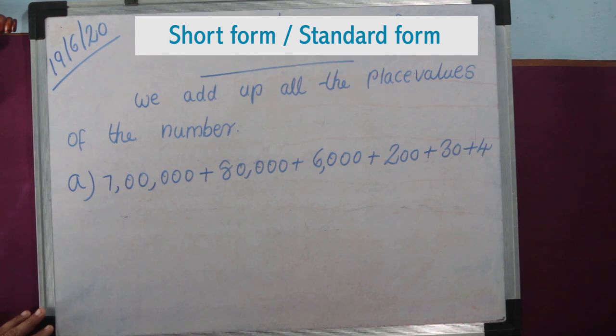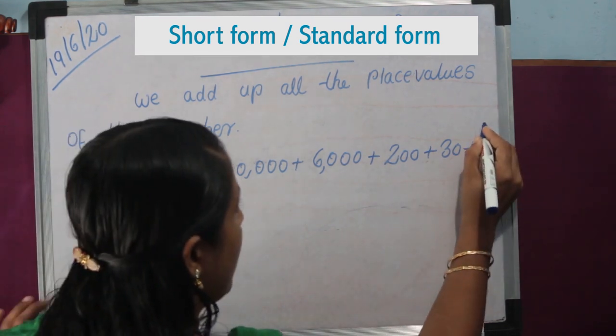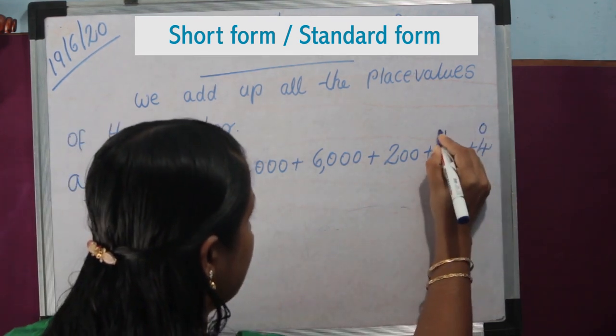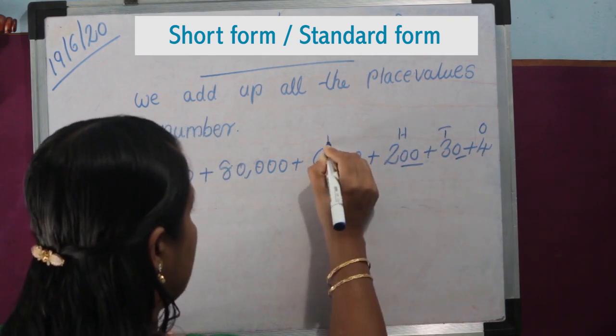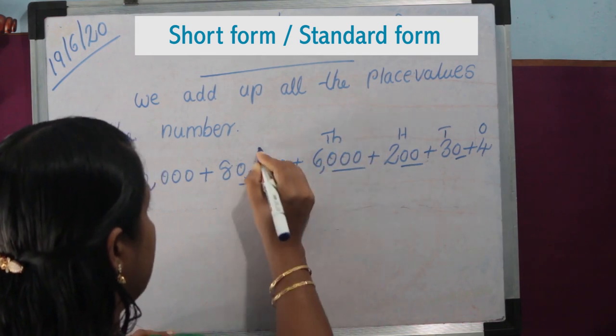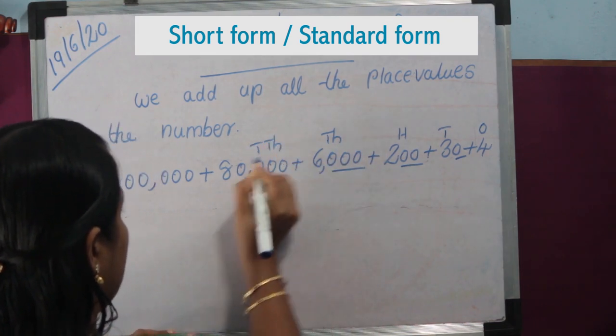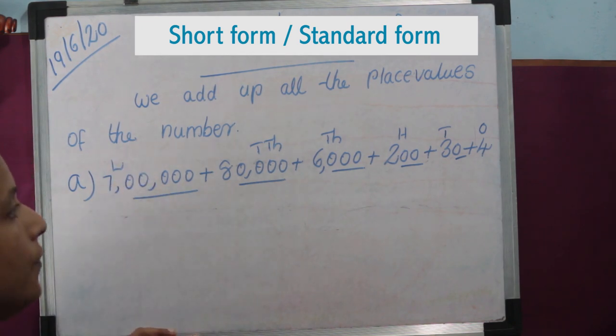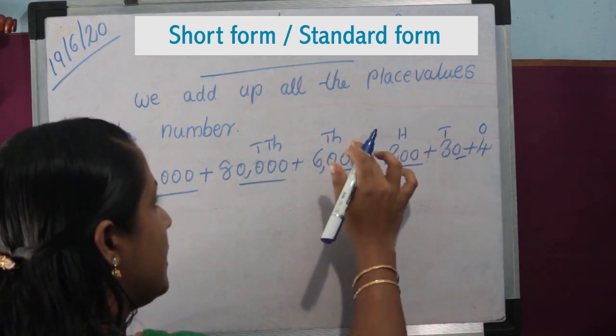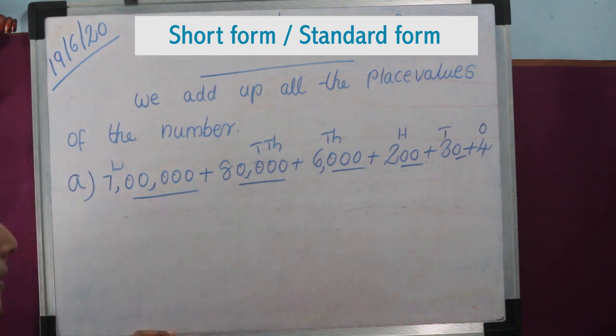First we identify the places of these digits. That is ones here, tens here, 100, next 1,000, next 10,000, and last position is lakh. First we check the orders of these places. The orders are correct.